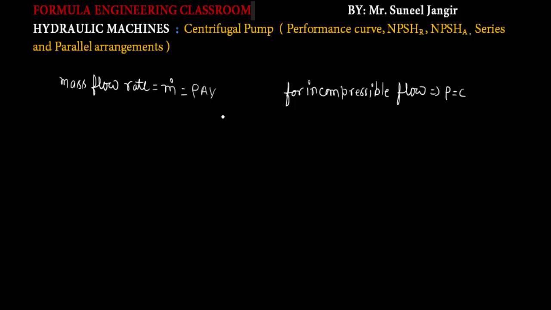Because rho is constant, the discharge, which is also defined as the capacity, will be equal to m dot by rho, since the density is not going to change. In this case we can write it as area into velocity. So here discharge is the performance parameter for incompressible flow through the centrifugal pump.